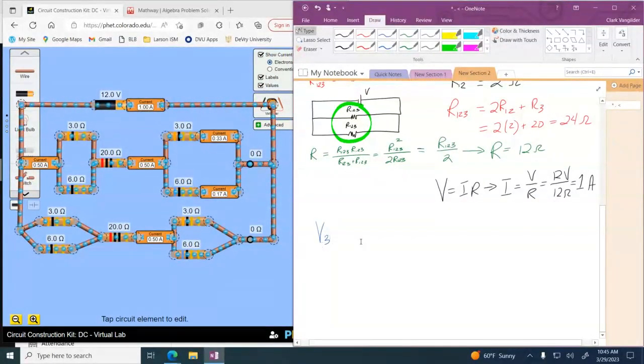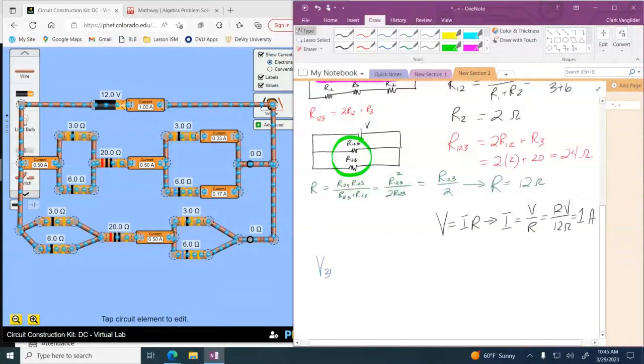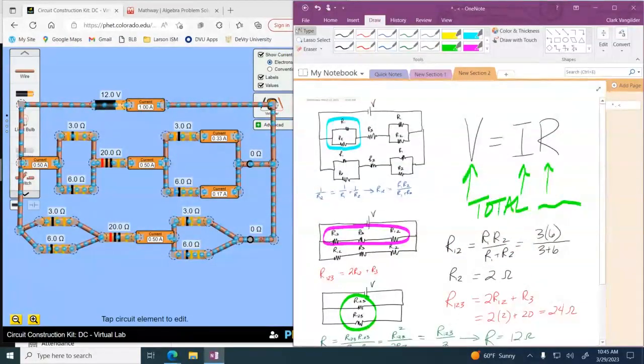When I write V3, I mean the voltage drop across that 20 ohm resistor.